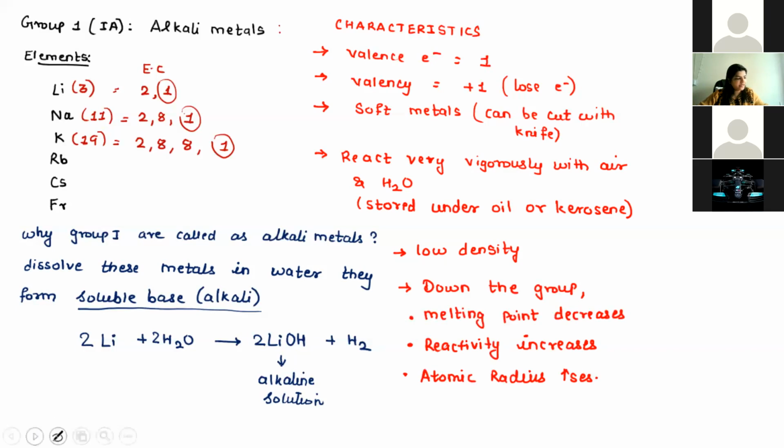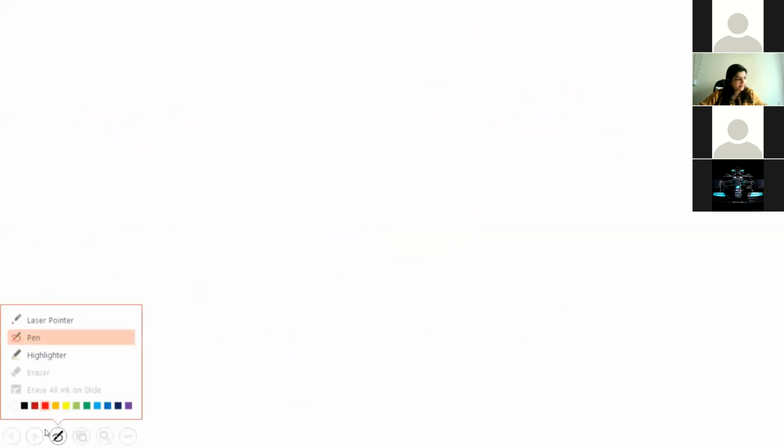So let me explain with an example. If I have lithium, which is Z equal to 3, sodium Z equal to 11, and potassium Z equal to 19. Of course there are other elements, but we will focus on the first three so that we can understand the trend.